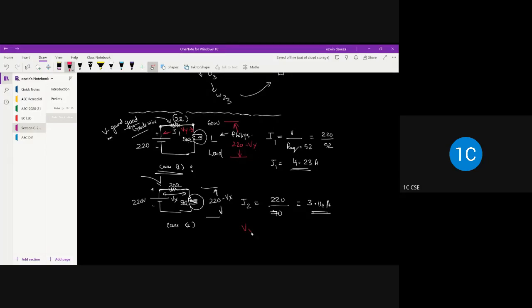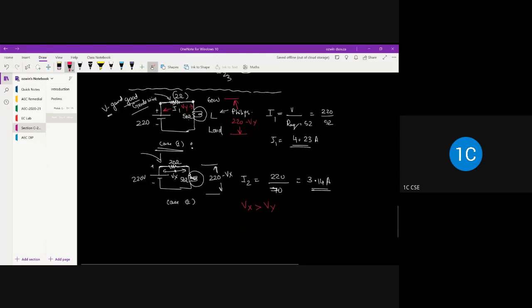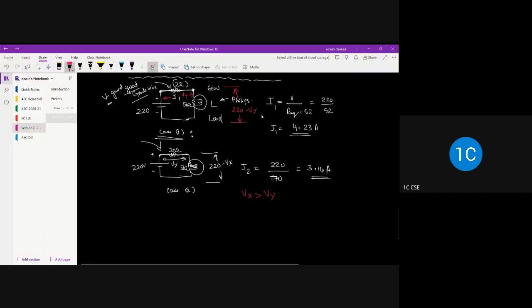But remember one thing, your Vx is greater than Vy, simply because the resistance in the first case is greater than the resistance in the second case. Let us say this is load voltage 1, and this is load voltage 2. Due to this, in the first case load voltage is lower, and in the second case load voltage is higher.